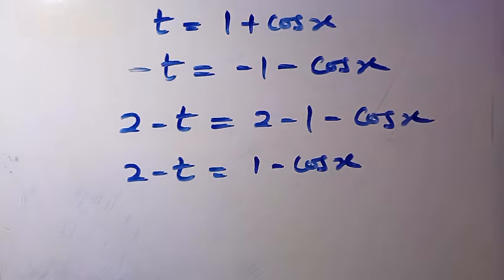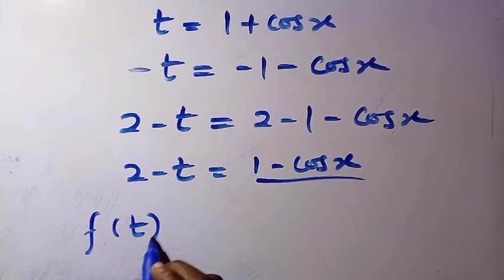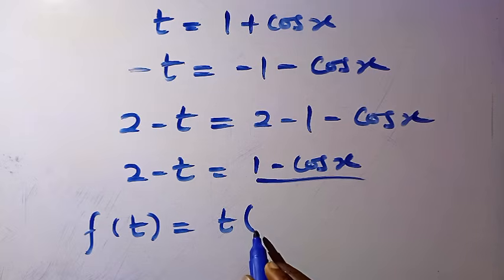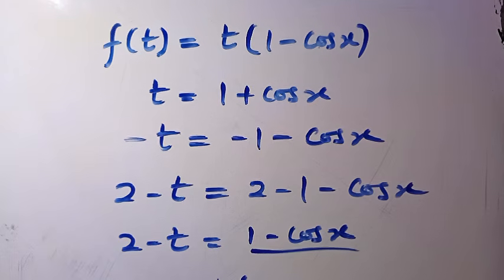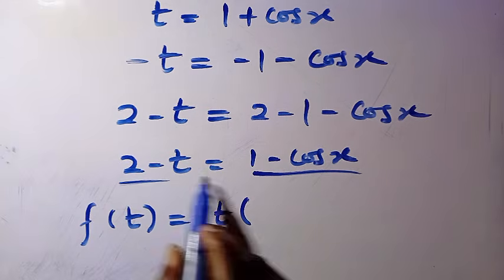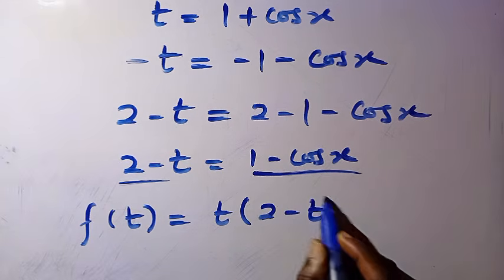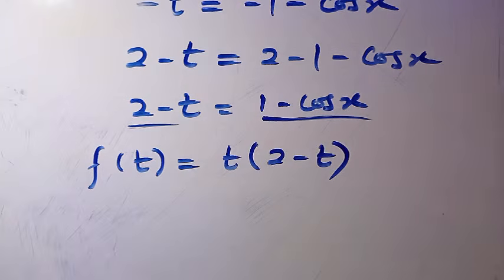Therefore, we are going to substitute it back into what we have above as f of t equals t bracket, and instead of 1 minus cos x above, we replace it with 2 minus t. So we have 2 minus t.